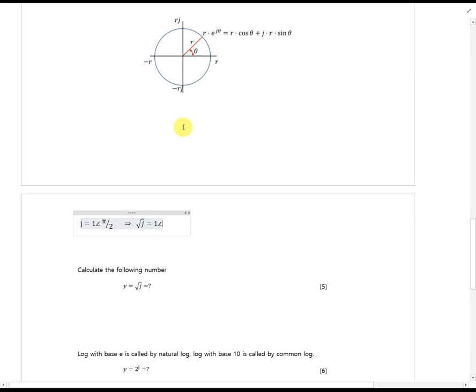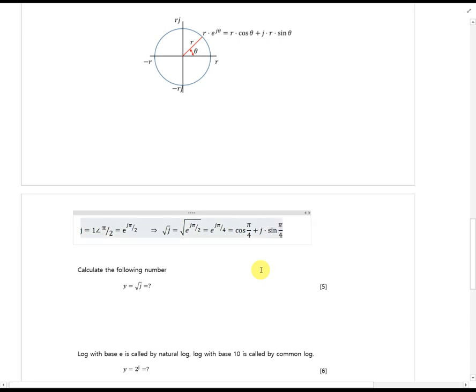It can be written as e to the j pi over 4, so this is cosine pi over 4 plus j sine pi over 4.